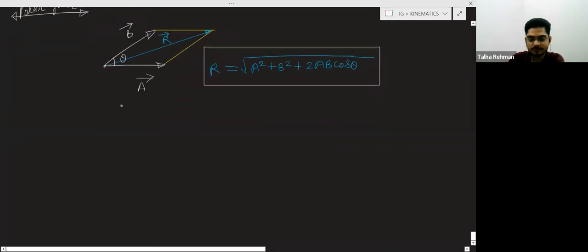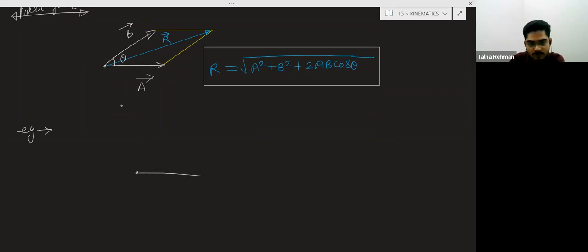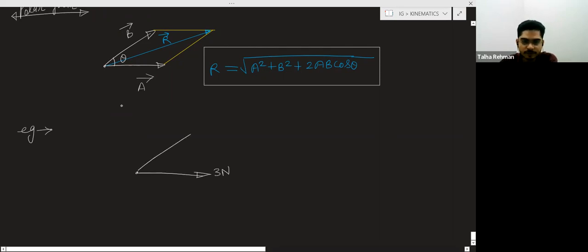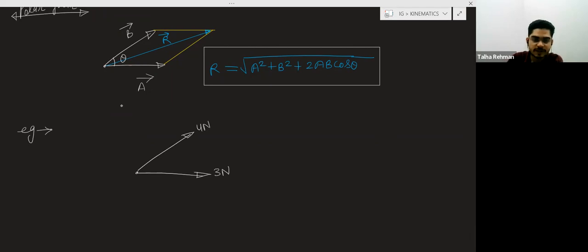Now, for example, suppose one force of 3 Newton in this direction and one force of 4 Newton in this direction, and the angle between the two forces is 60 degree.